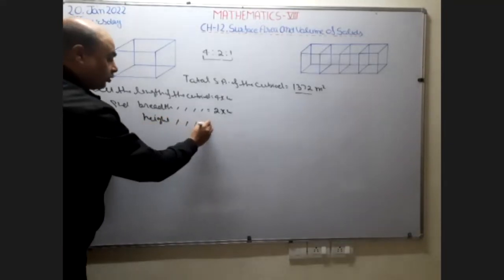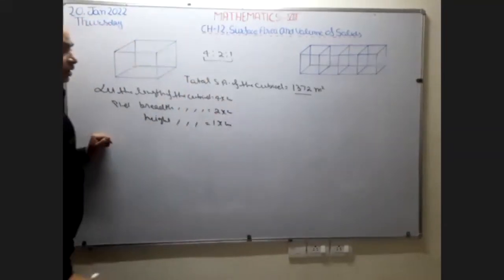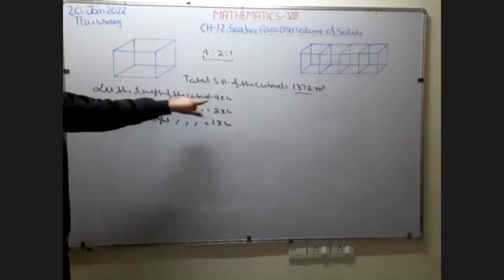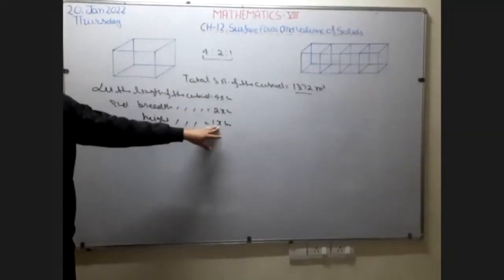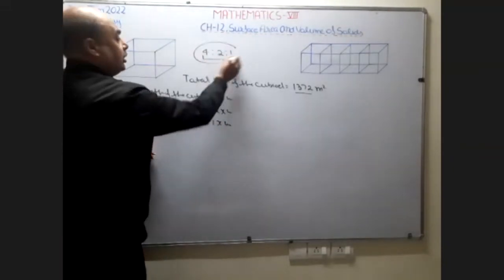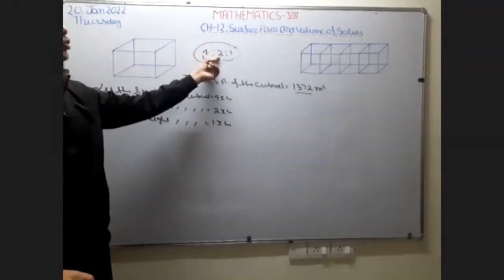So height of the cuboid is going to be 1x in meter. I suppose length of the cuboid be 4x, breadth be 2x, and height be 1x, because it is given all three sides are in the ratio 4:2:1.